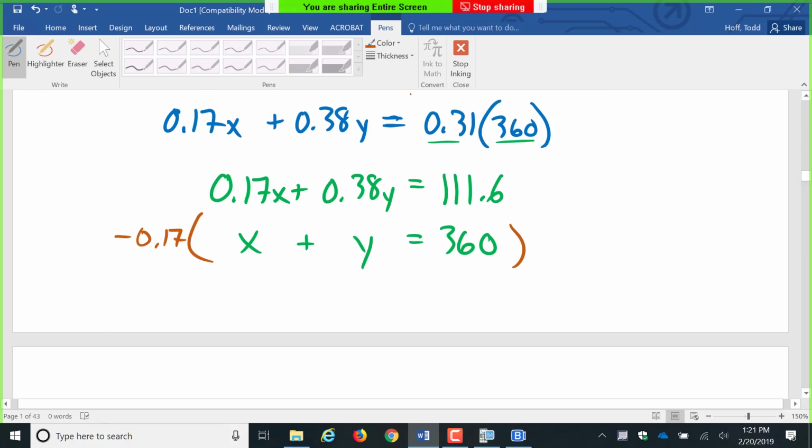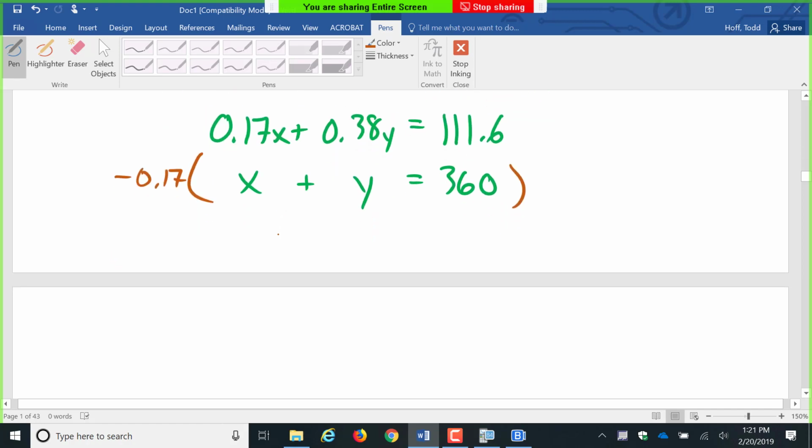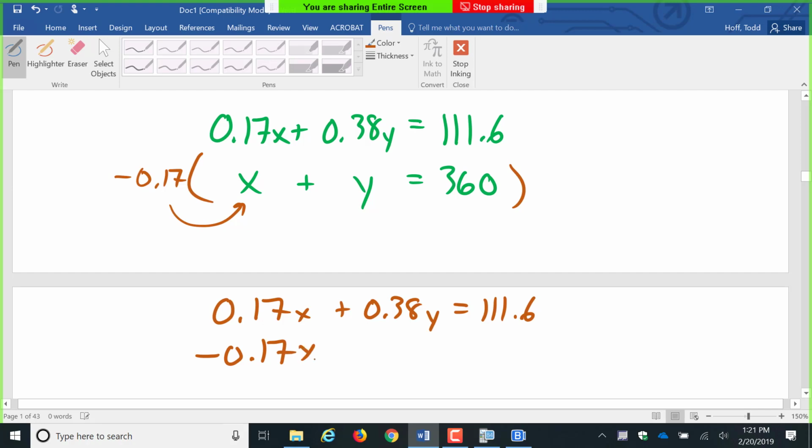So I'm going to go ahead and multiply that bottom equation by a negative 0.17. My top equation is going to stay the same: 0.17x plus 0.38y equals 111.6. On the bottom equation, negative 0.17 times x is negative 0.17x.